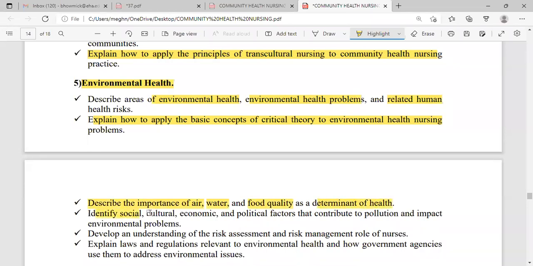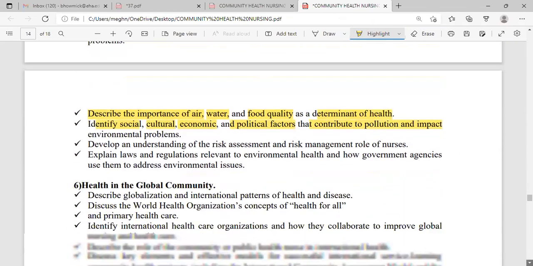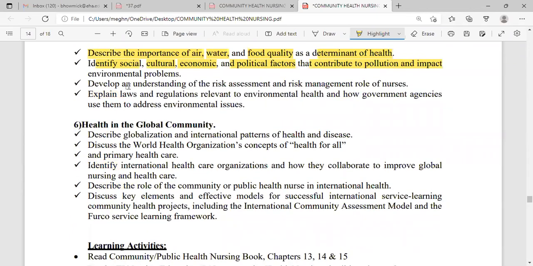Identify social, cultural, economic, and political factors that contribute to the population and impact environmental problems. Develop an understanding of the risk assessment and risk management role of nurses. Explain the laws and regulations relevant to environmental health and how government agencies use them to address environmental issues.